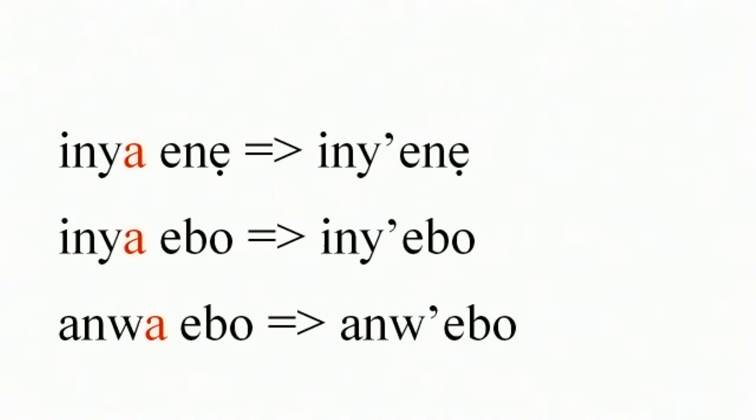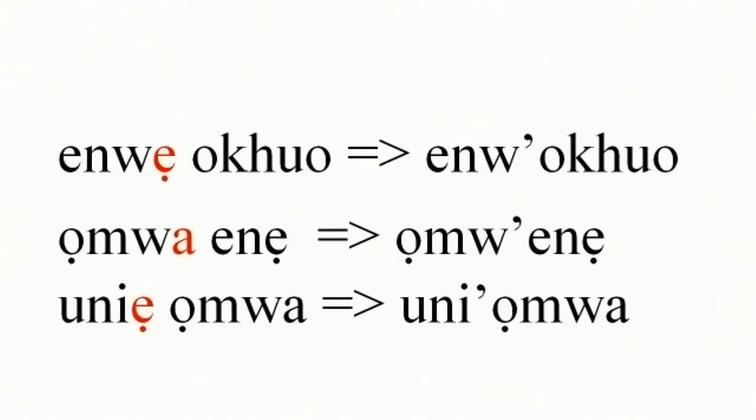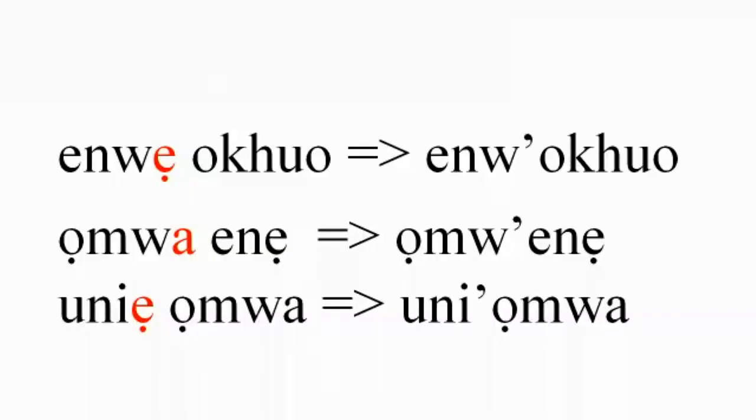Then you have Ewe, Oko. You have Oma, Ene. You have Unye, Oma. Coming Unyo. So the apostrophe must come after the letter I, because that apostrophe is used to represent whether the vowel with the subdot has been elided.